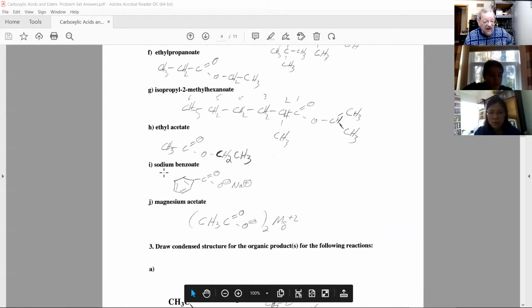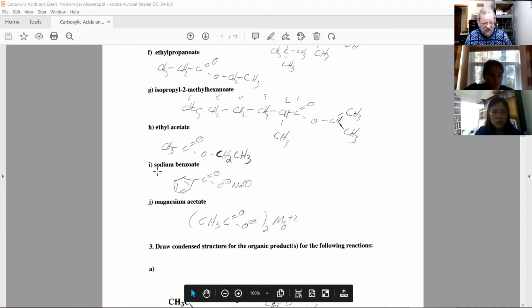Now here, if we look at I, we have sodium benzoate, -ate, E can be either ester or carboxylate anion. The sodium in front tells you it's a carboxylate anion. And since this doesn't follow, you can't use the "to be or not to be." That's a question I can't resist that my student a long time ago came up with.